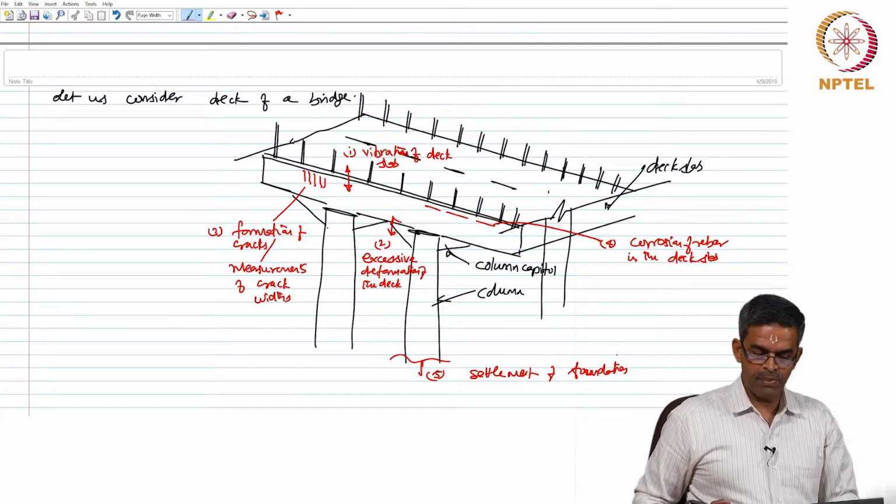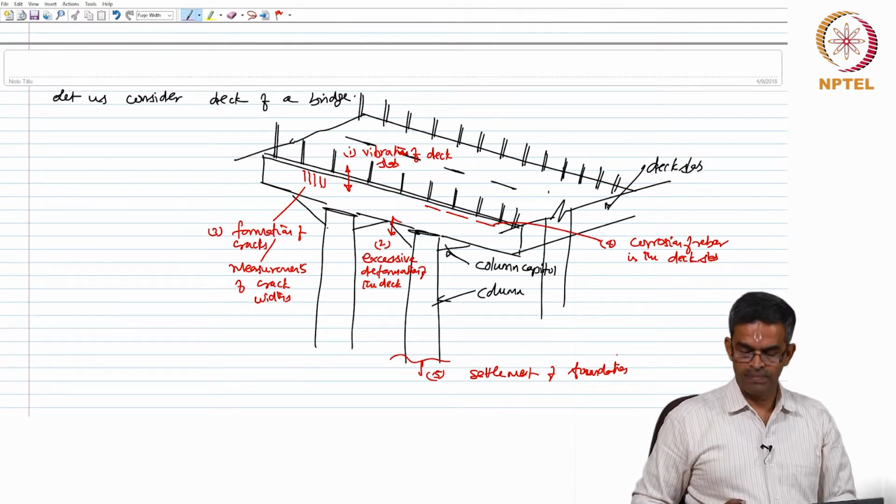So, about 5 to 6 parameters can be a focal item of health monitoring of a traffic bridge, as you see in this slide.